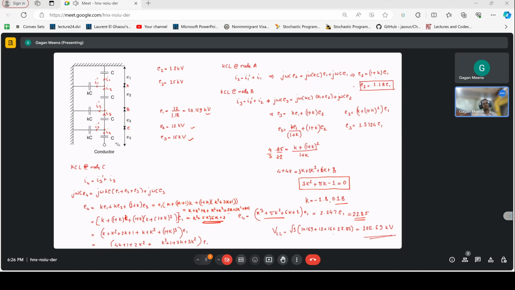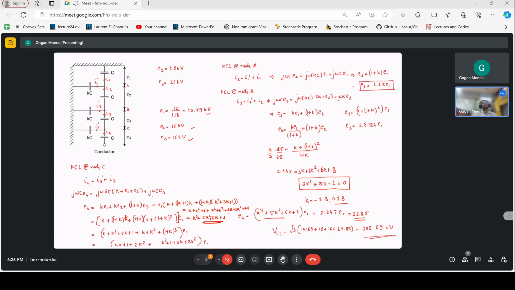Let us move to the next question. Now it is on the week 2, where we discuss the cable, underground cables. So it is about a single core cable, 45 kV, and it's a 3-phase.